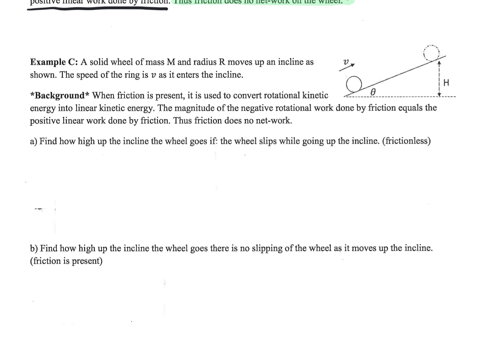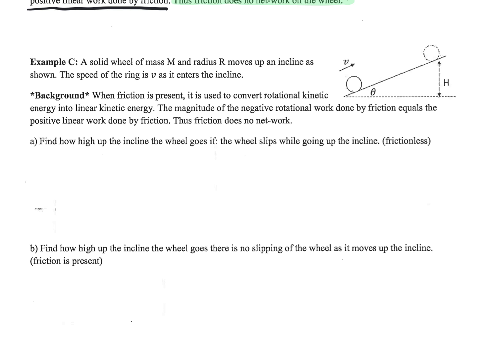Gives you a little background here. When friction is present, it's used to convert rotational kinetic energy into linear kinetic energy. We know that. The magnitude of the negative rotational work done by friction equals the positive linear work. No net work done. We got that. It's just a repeat of what they said. How high up the incline does the wheel go if the wheel slips while going up the incline? What does that mean?